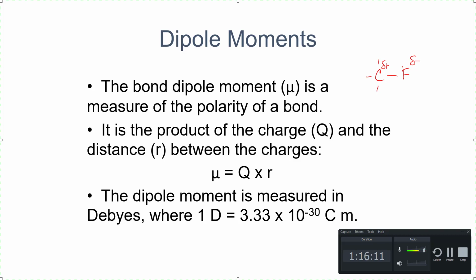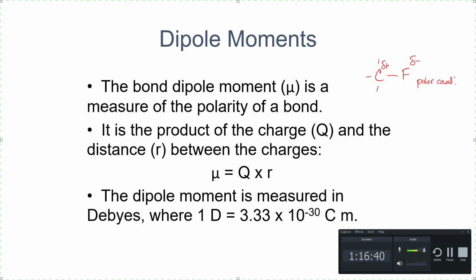This is still a covalent bond, but this would now be what we would call a very highly polar covalent bond, but it is still sharing. And our delta plus and delta minus terms mean carbon would have a little bit of positive charge because it has some electron density lost to the fluorine.